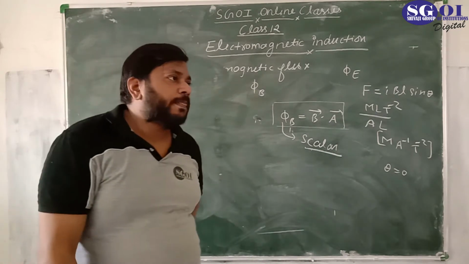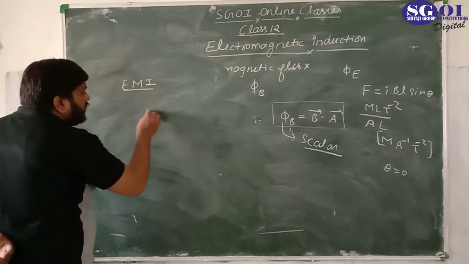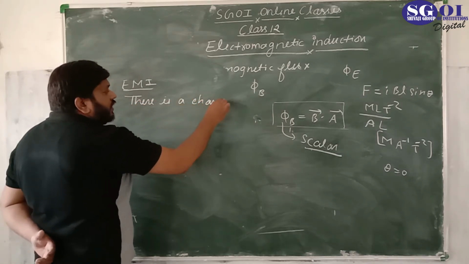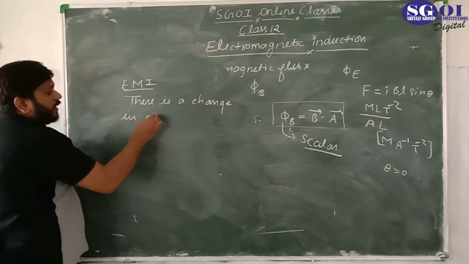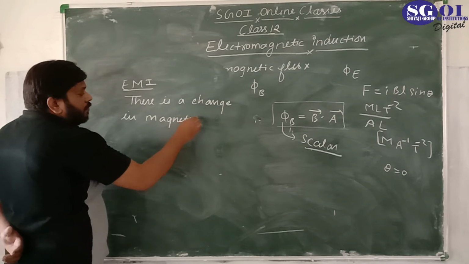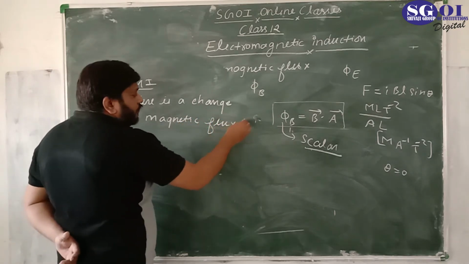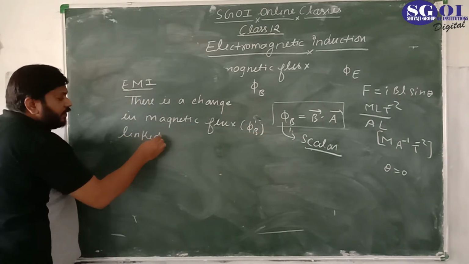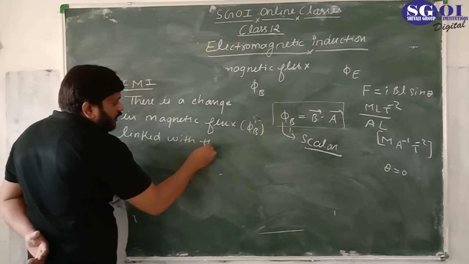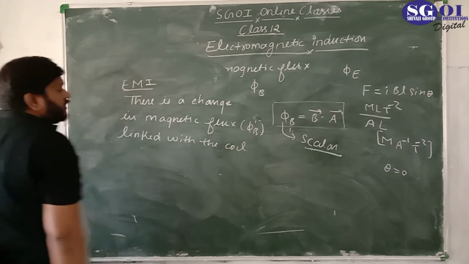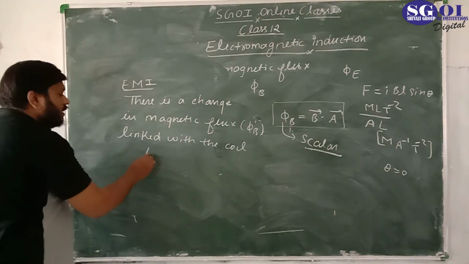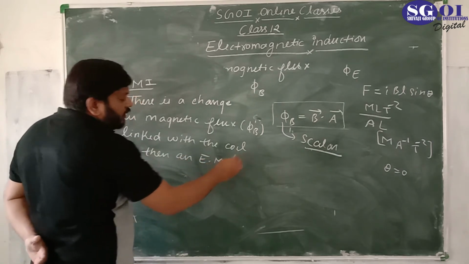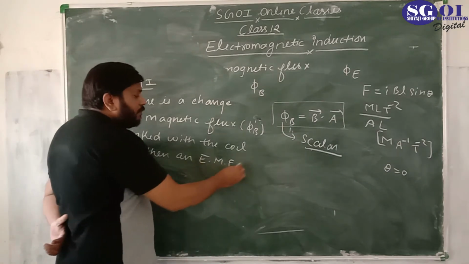He observed that when there is a change in magnetic flux phi B linked with the coil, then an EMF, electromotive force, which is voltage, like in the case of a cell, is induced.